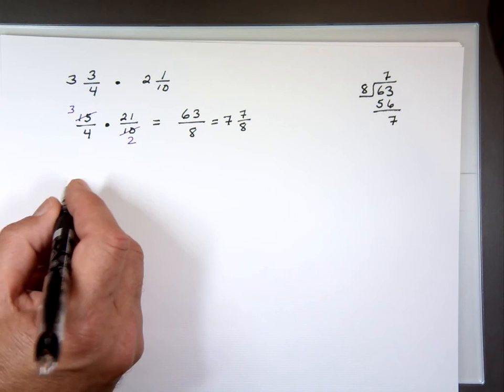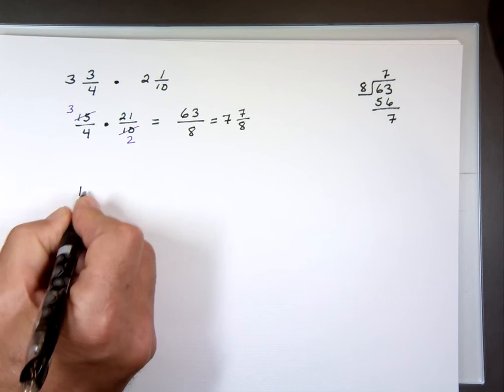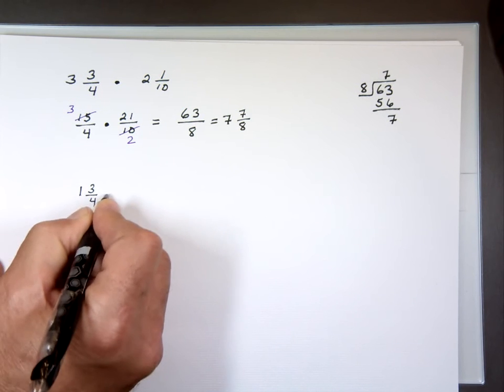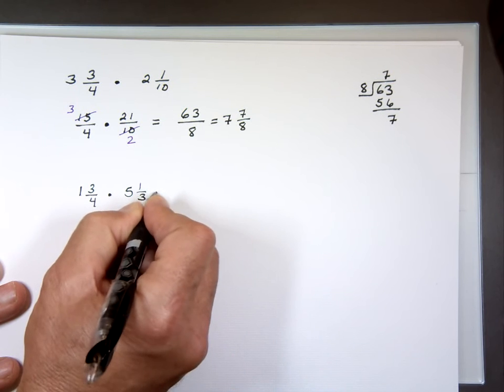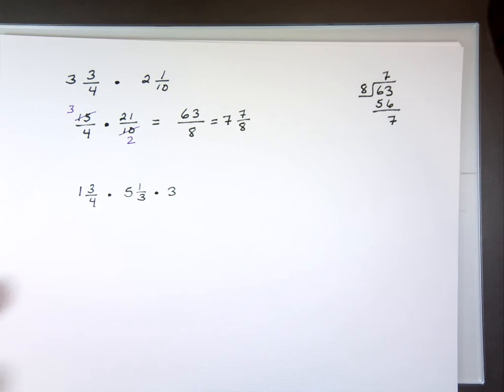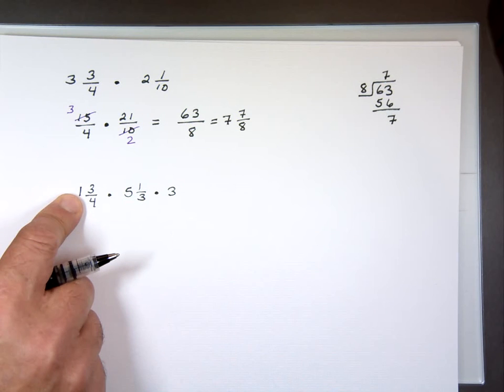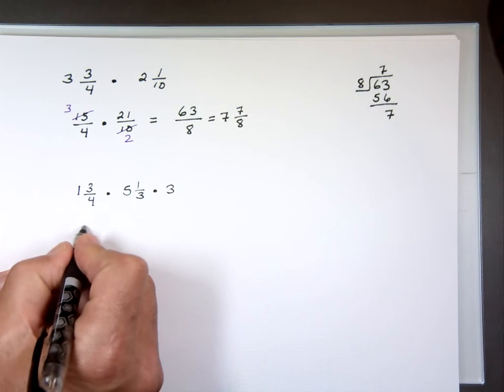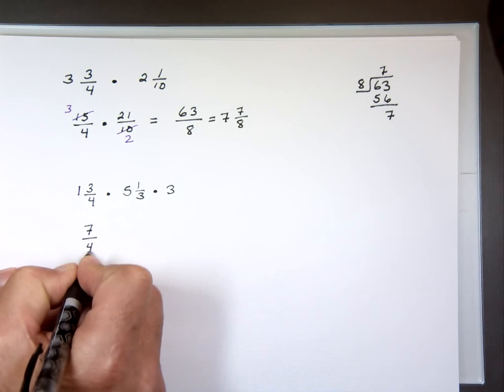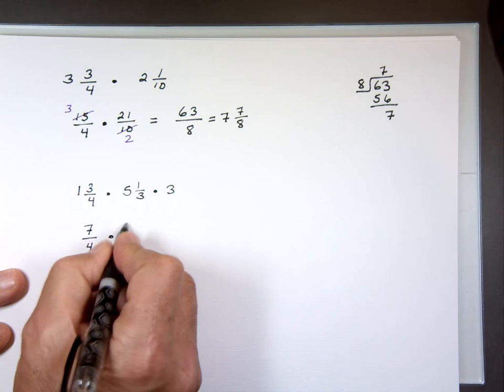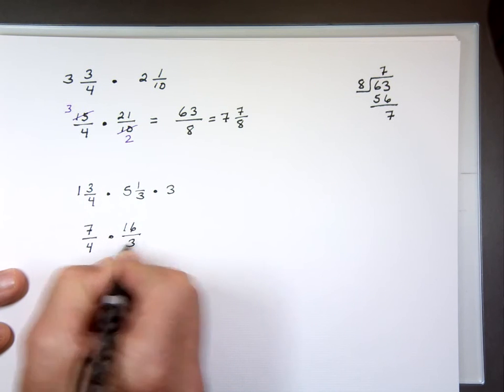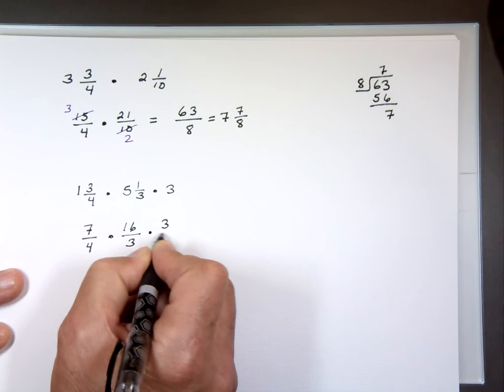Let's put a bigger one. 1 3/4 times 5 1/3 times the 3. 4 times 1 plus 3, 7 over 4. 3 times 5 and 1, 16 over 3, times 3 over 1.